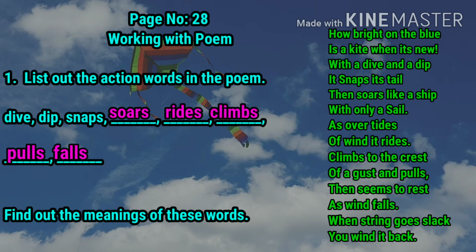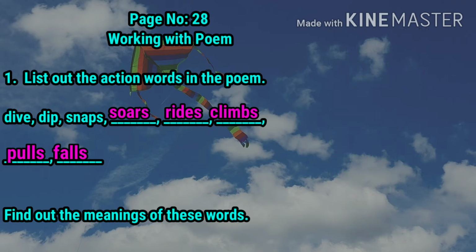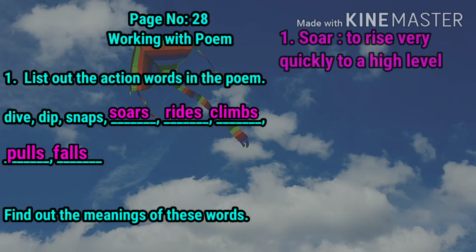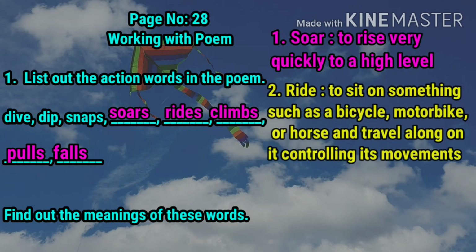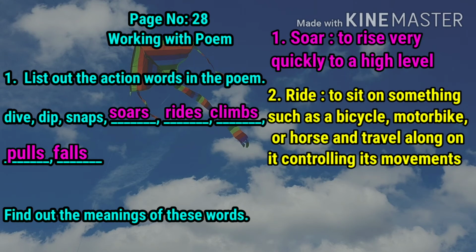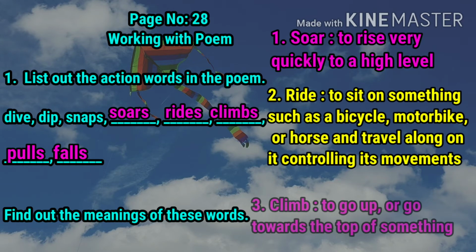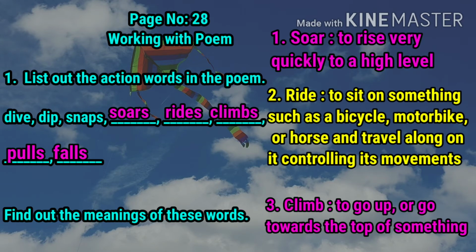Now let's look at the meaning of these words one by one. The first word here is soar, which means to rise very quickly to a high level. The next word is ride, which means to sit on something such as a bicycle, motorbike or horse and travel along on it, controlling its movements. The next word is climb, which means to go up or go towards the top of something.